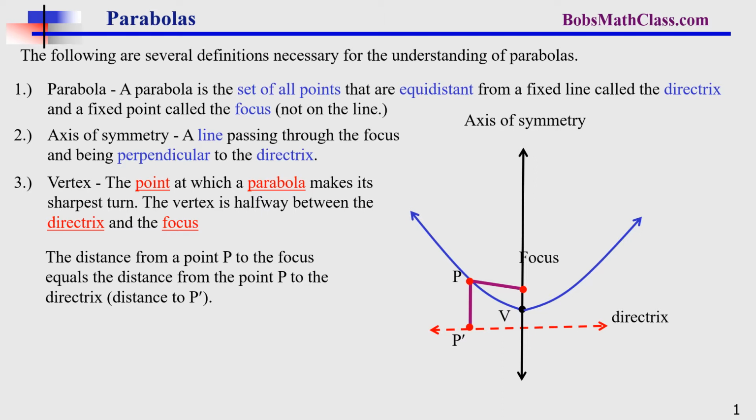Okay, we don't really worry about that too much, but we are going to have to find the focus and the directrix and the vertex. A couple more things. Okay, you should always pause, write down the notes, and then come back when you're ready.